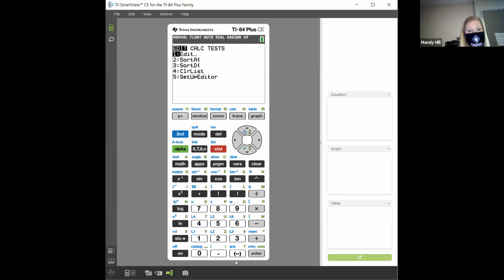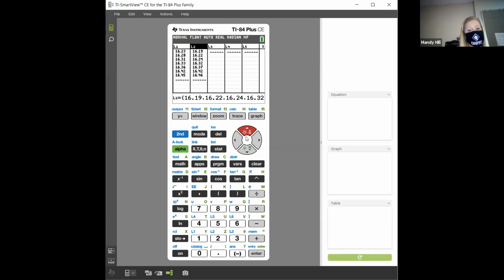So stat, enter, and then I'm going to clear out list 2. You just highlight it, hit clear, and then the down button. So you highlight L1, hit clear, down, and it'll clear it out.